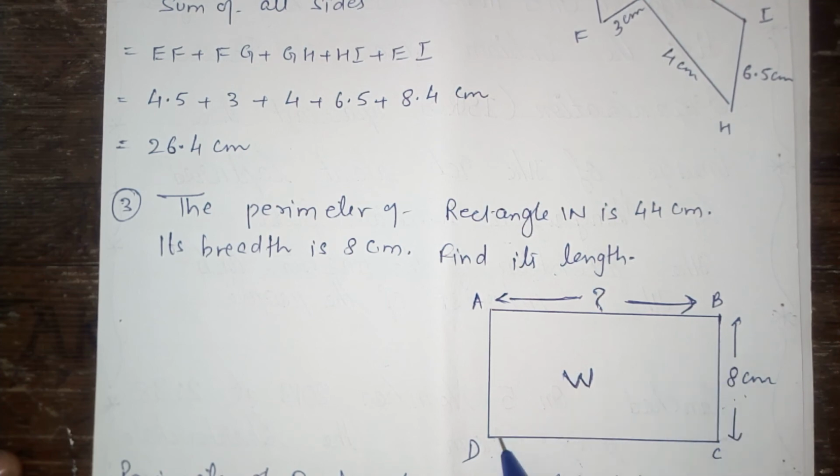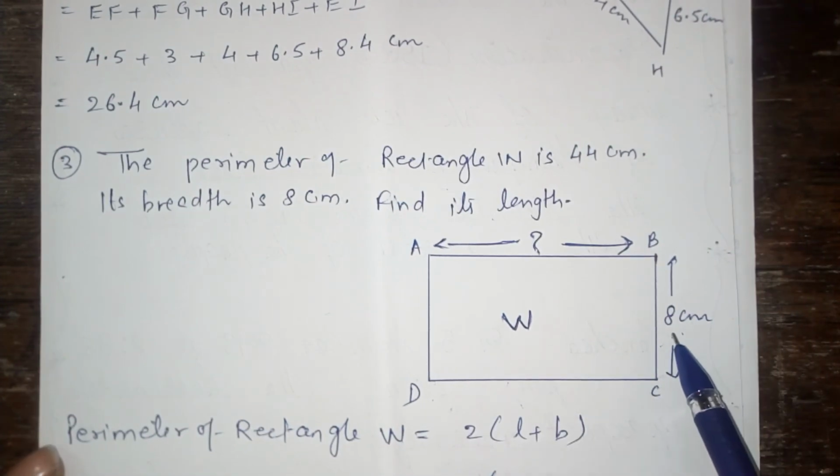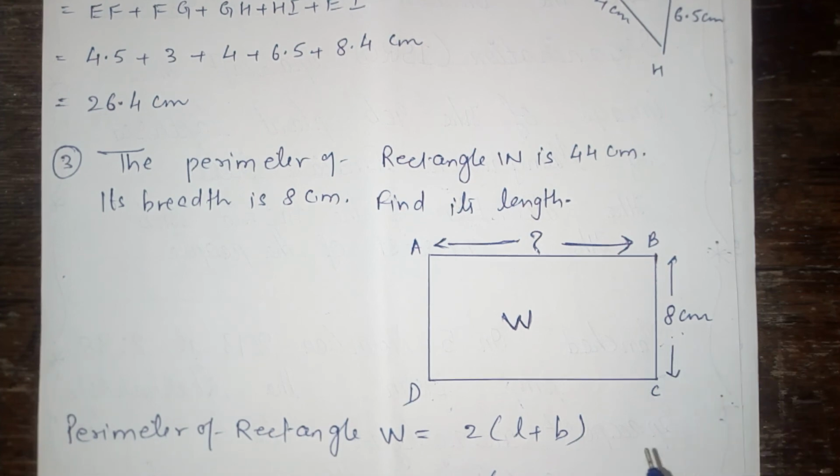The name of the given rectangle is W. In this question, we will find out the length of this rectangle. And this rectangle has breadth 8 centimeter.